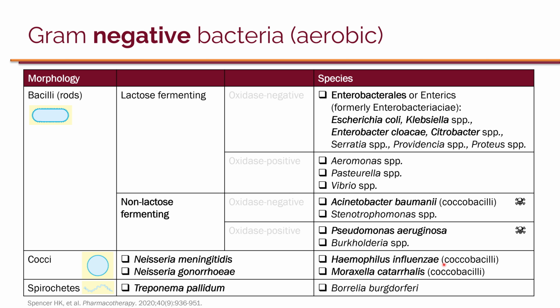In other words, under the microscope, they look somewhere between cocci and bacilli. Then we have spirochetes. These are organisms that look like a spring under the microscope. That includes Treponema pallidum, which can cause syphilis, as well as Borrelia burgdorferi, which can cause Lyme disease.